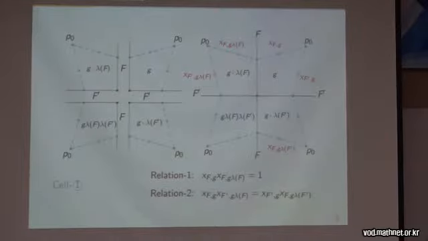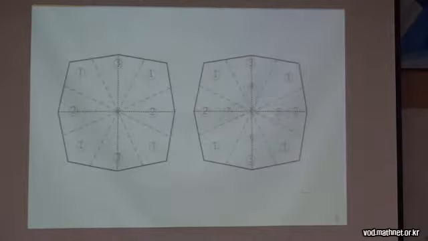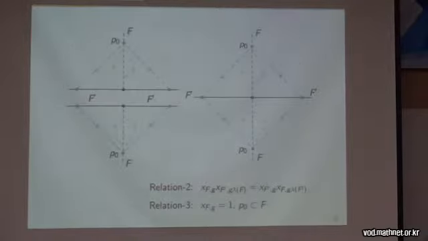So these 2 generators indeed give a relation like this, and the boundary of these 2 cells gives a relation too. And next, the cells like cell 2 or cell 3 we stick together.